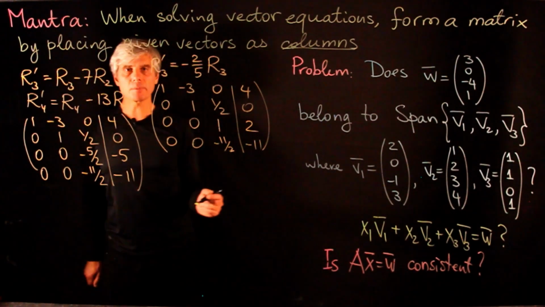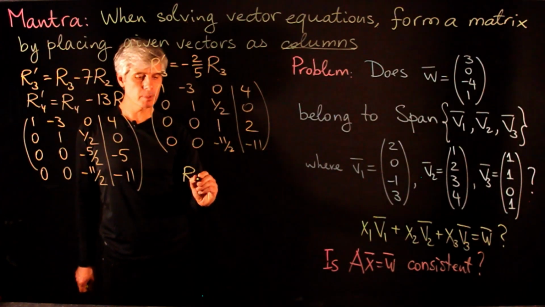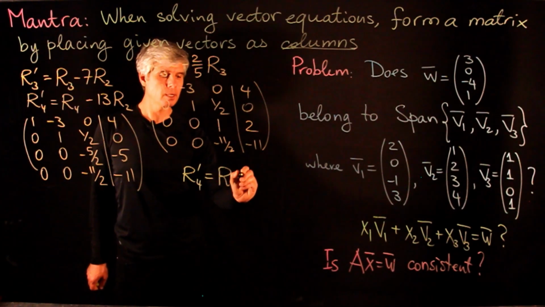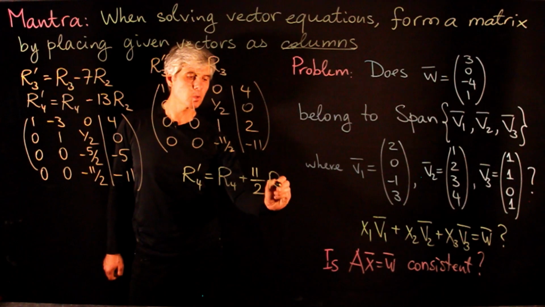And now to bring this matrix to row echelon form, we just do one more step, and we say row 4 prime is row 4 plus 11 over 2 times row 3.